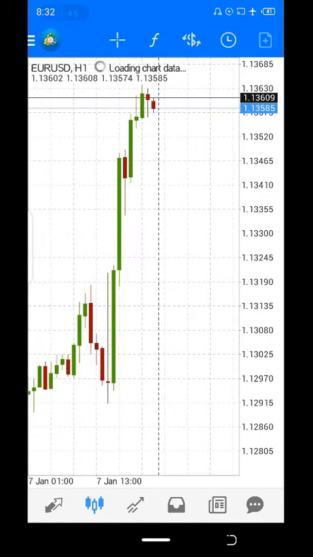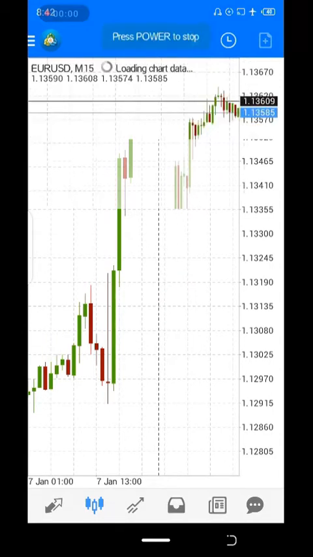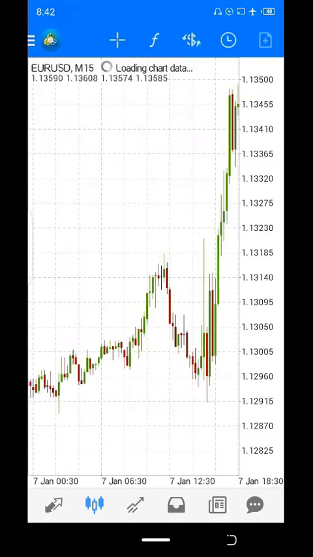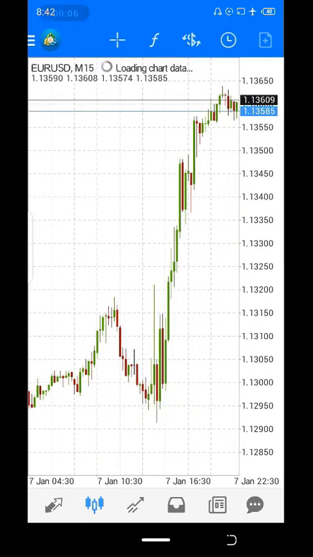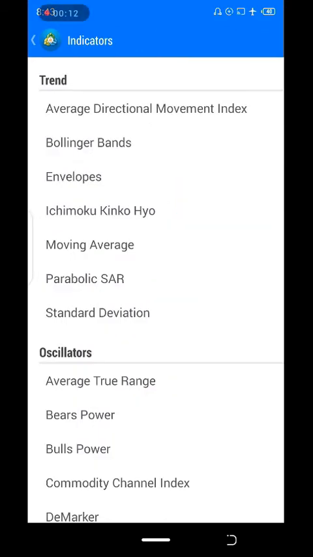So this is also the basics of the MT4 platform. MT4 platform comes with default indicators. When you tap your screen, you hit the F, and these are the indicators. An indicator examines the market data.